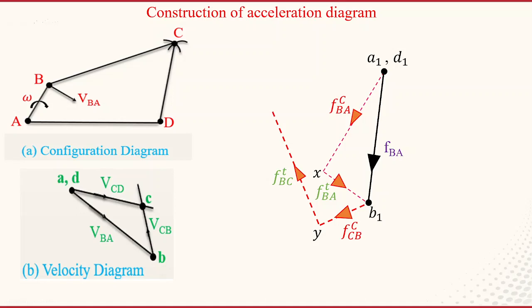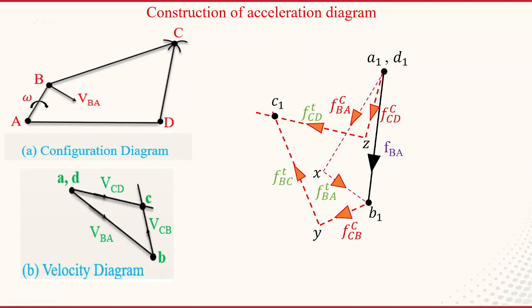Now, coming to C, considering the link CD, find the radial component of C with respect to D. You can draw this vector from D1 to Z. This is the radial component of C with respect to D. Now draw the tangential component, perpendicular to link CD, and this line and the previous line, that is FTBC, will both intersect. Mark that intersection point as C1.